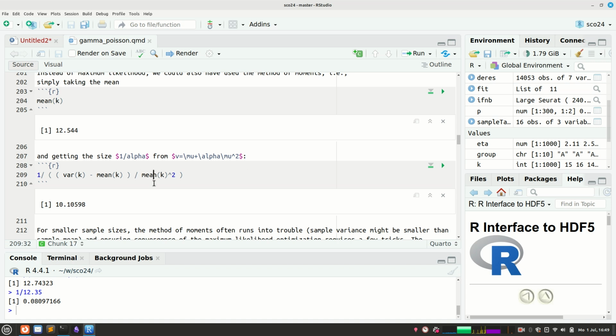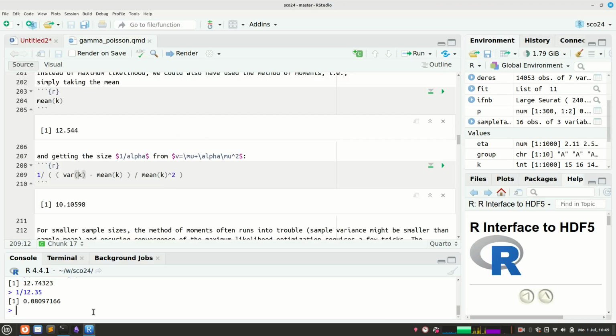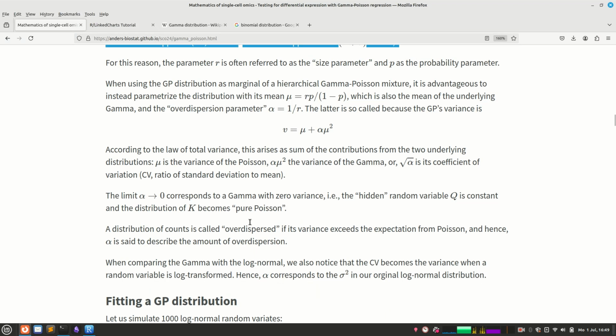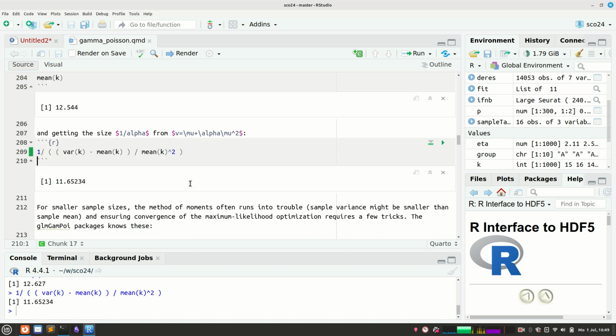Of course, I could have gotten the whole thing much more easily by using method of moments. I told you that the variance is mean plus alpha mean squared, so I can simply estimate variance and mean from the data, variance of k, mean of k, and solve this for alpha: the variance minus the mean, divided by mean squared, and then I get again my point estimate.